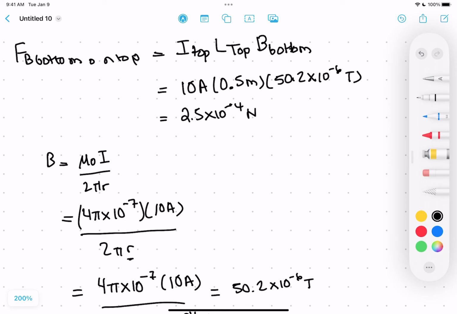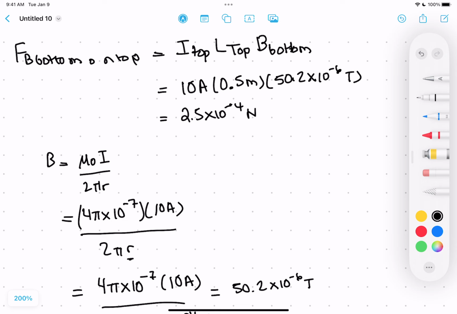It's the left. And then you can wrap your fingers around at the top part of the wire, or above that bottom wire. And so anything above that bottom wire is in the location of that top wire, right? So whatever direction you get is the direction of the magnetic field that is felt by the top wire.